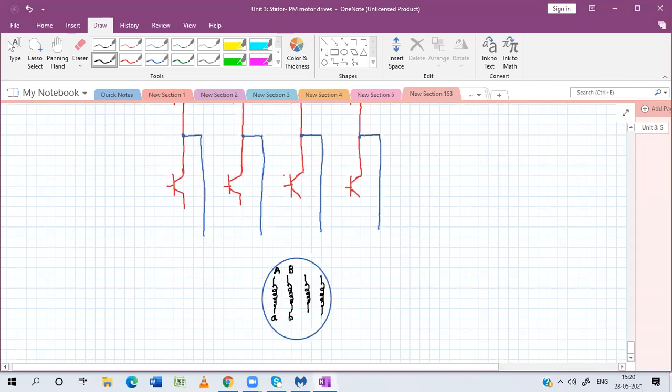B, its end is small b. C, its end is small c. D, and its end is small d. We are connecting this one with A, this one with B, this one with C, and this one with D. All ends are connected together, and it will create a neutral point.